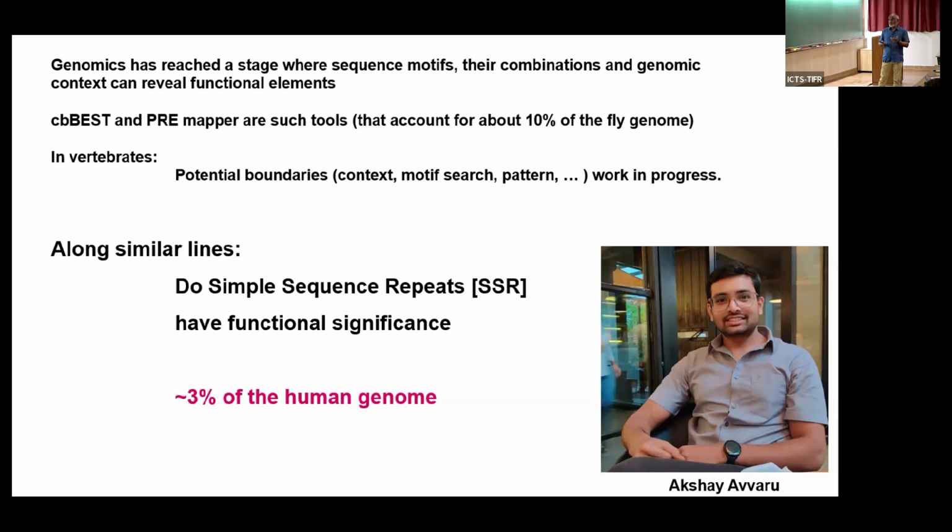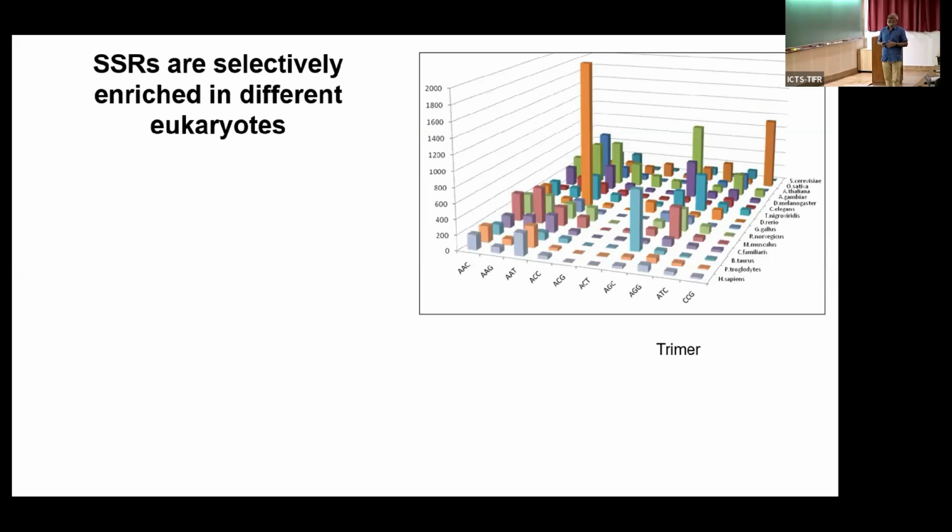They constitute 3% of the human genome. Akshay and many others in the lab have worked on this for many years, and I'm just going to give you very briefly how we approach this, and we found something interesting about simple sequence repeats. I have 5 minutes. Okay, then I have to really cut this short.